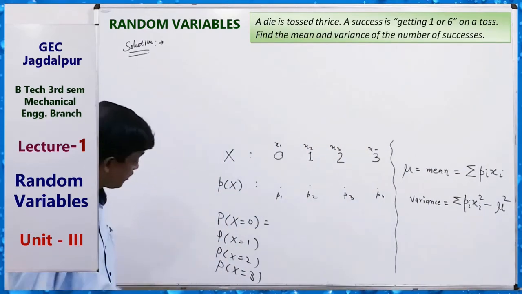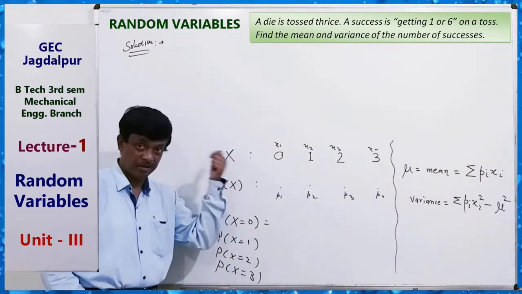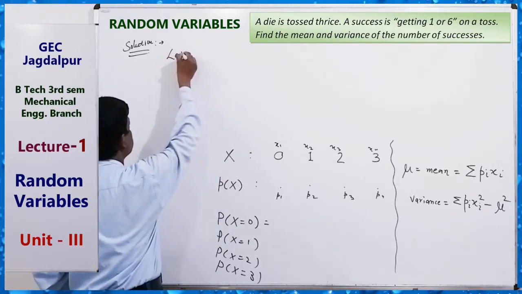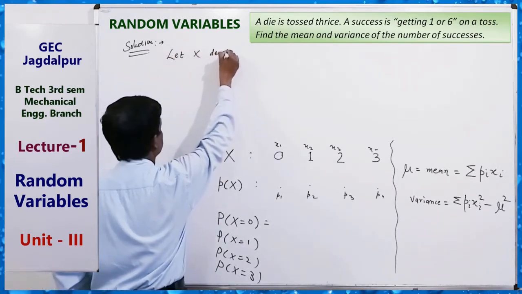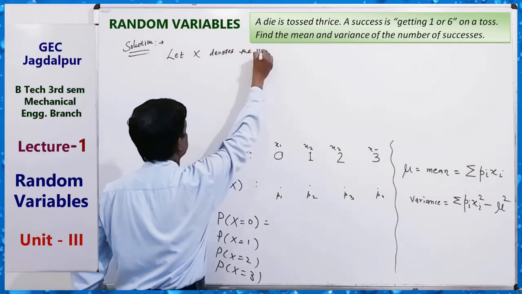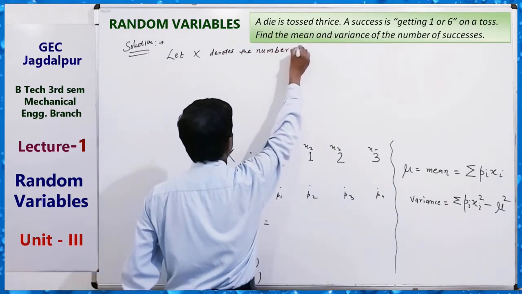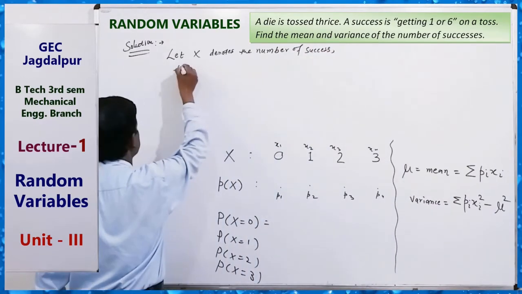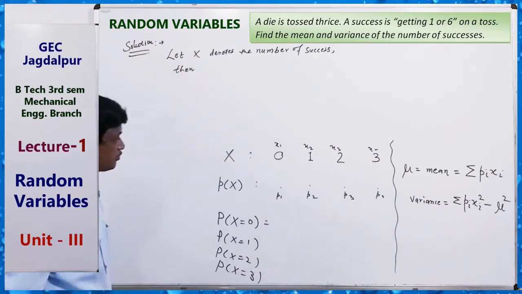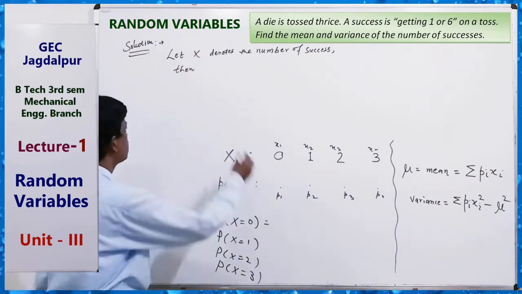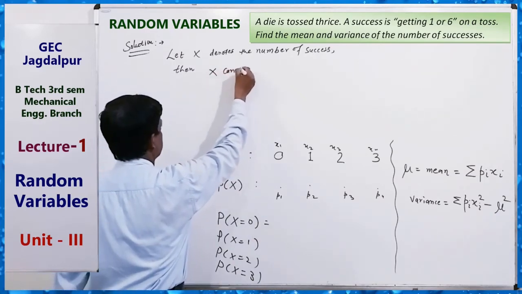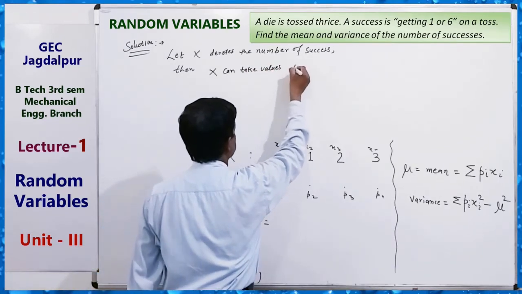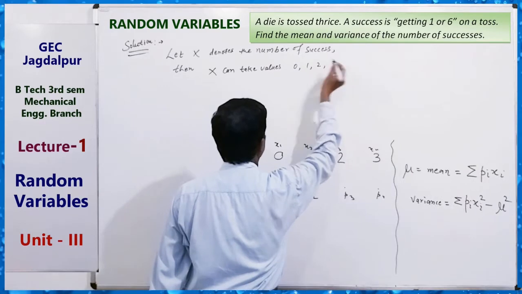Now our target is finding the probability distribution for this random variable. So let x denote the number of successes. Then x can take values 0, 1, 2, 3.